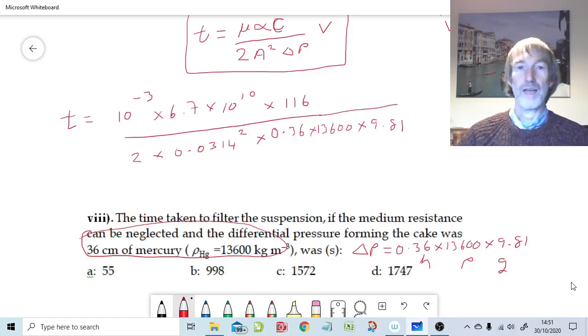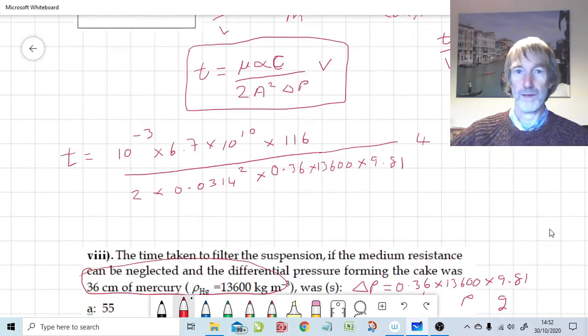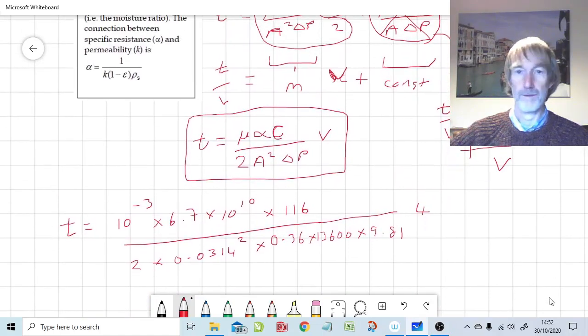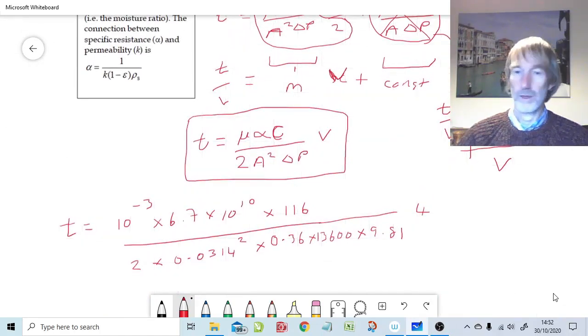And then the volume of filtrate, which is 4,600 centimetres cubed. So I better write that in sort of longhand. I'm going to have to move it down to avoid clashing with me. So let's bring that down a bit. Good. So that's 4,600.